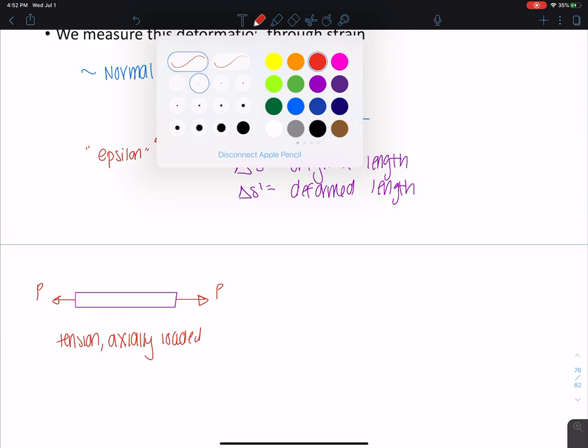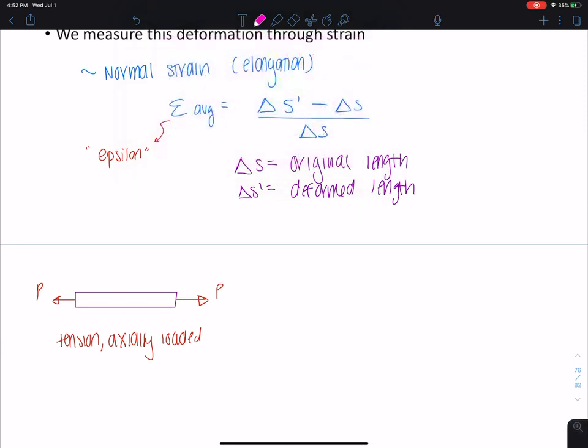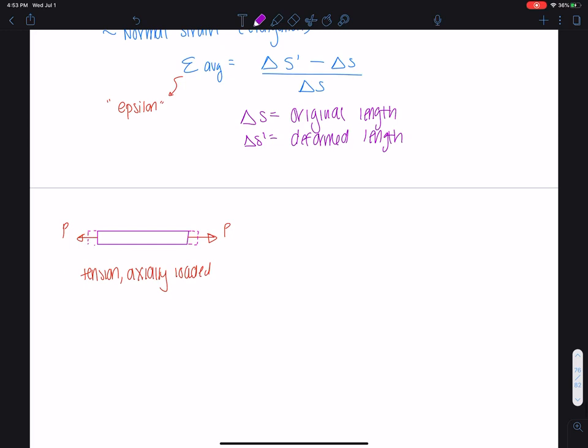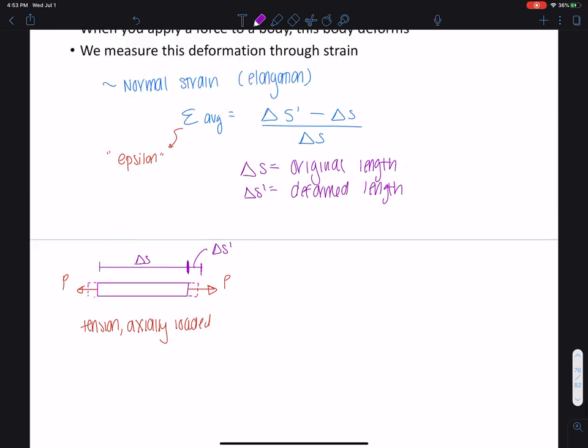So you can see here that this bar is going to elongate by some dimension. So my delta S is the original length here. And my delta S prime is how much that member has changed.